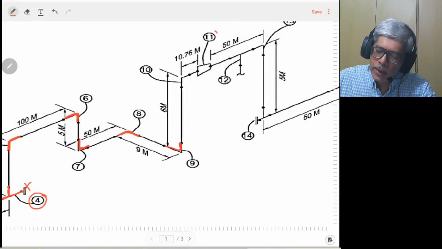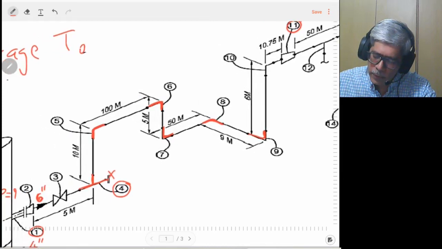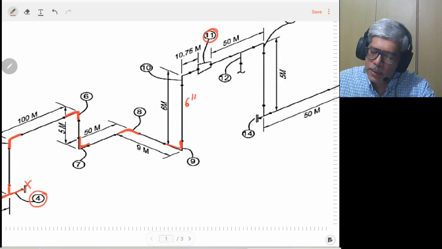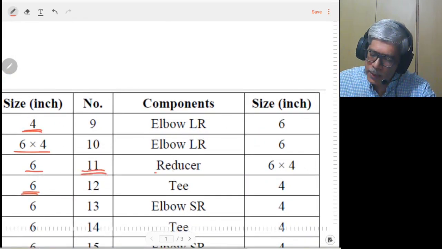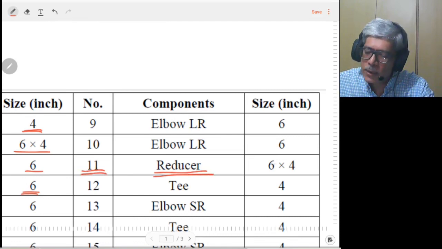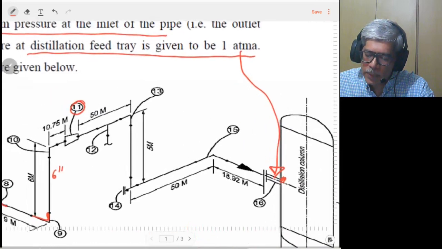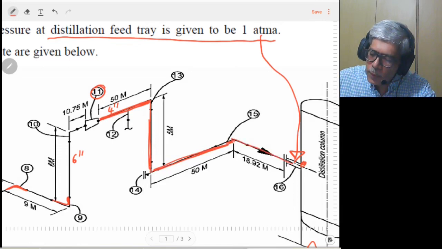At one point, item number 11, till here the pipeline continues to be 6-inch. Item number 11 is a reducer where the pipeline reduces from 6-inch to 4-inch. So after the reducer, the pipeline becomes 4 inches. All the items after this are of 4-inch size.